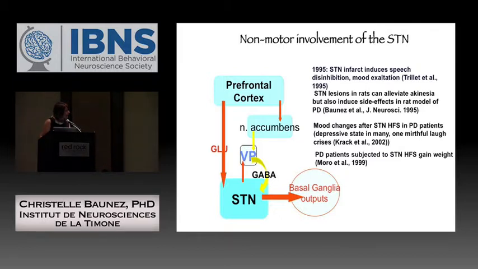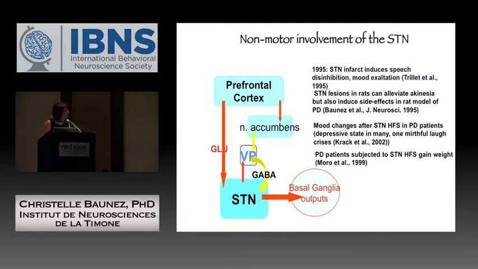And indeed, as you can see on this diagram, the STN is also involved in a non-motor loop of the basal ganglia, involving direct input from the prefrontal cortex, but also an indirect loop with the nucleus accumbens and the ventral pallidum. All these structures are really well known to be involved in what we call frontal functions, such as attention, the control of inhibition, and motivation. So that's all these aspects of behavior I'm going to screen quickly today.